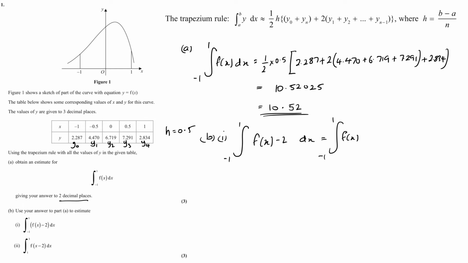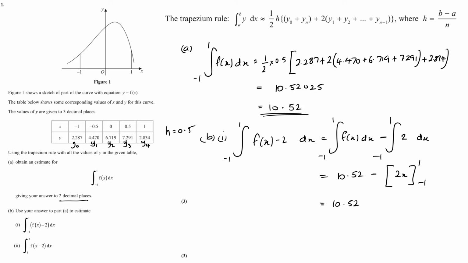So first it is f of x minus 2. We've got the first part, obviously this we've already got up here, isn't it? So that is 10.52 minus, and then this is going to integrate to 2x between 1 and minus 1.